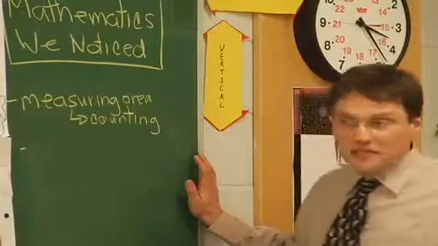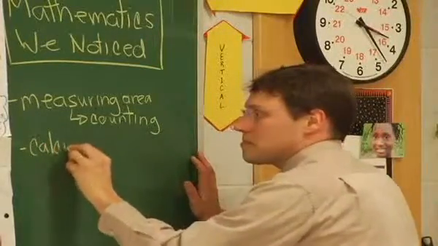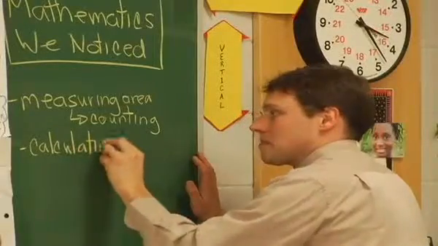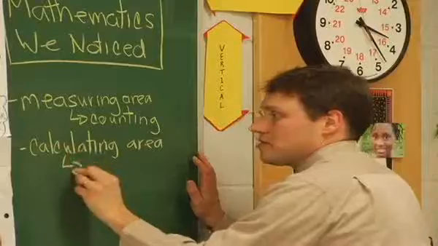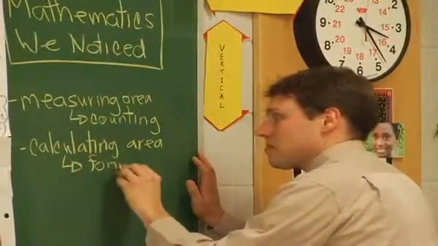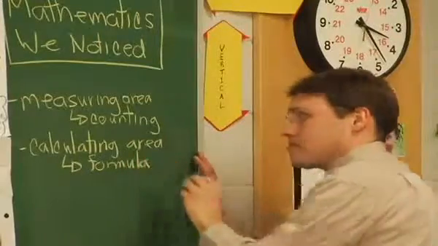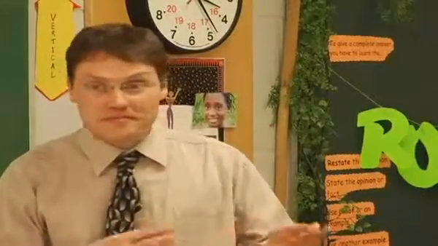And some students are calculating the area. And what are they using? They're using the formula. All right. So what other mathematics are we noticing? Similarities, differences, that sort of thing.